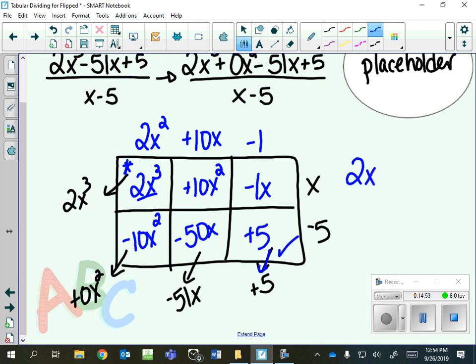So my final answer is 2x squared plus 10x minus 1. If you need to, pause or rewind, make corrections, and then you can move on.